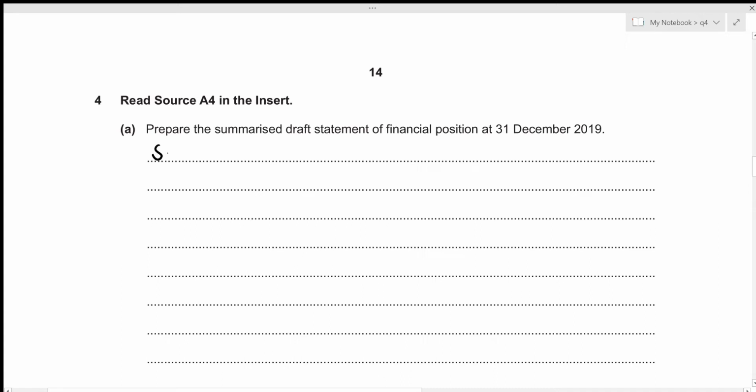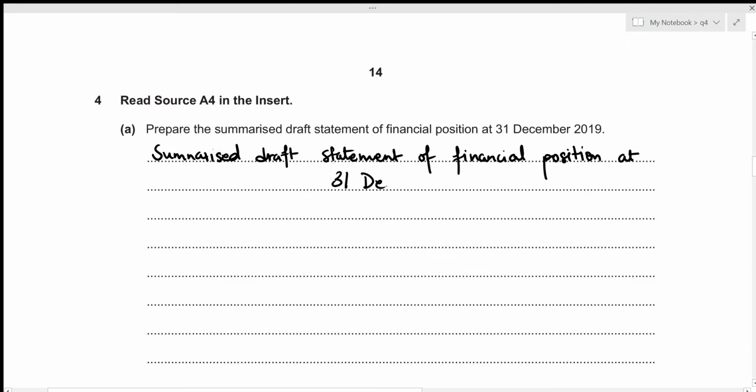This is the summarized draft statement of financial position at 31st December 2019. Okay. So since this is a summarized draft statement of financial position, we will only be recording the main headings.